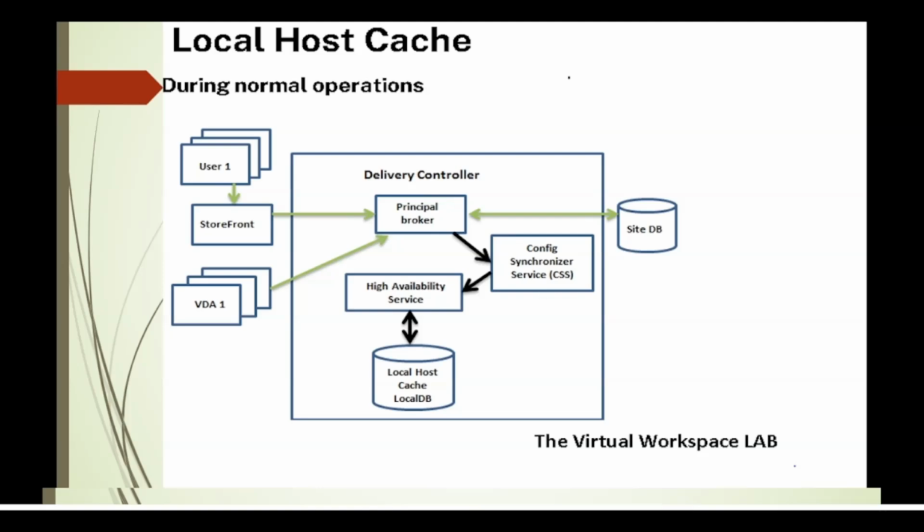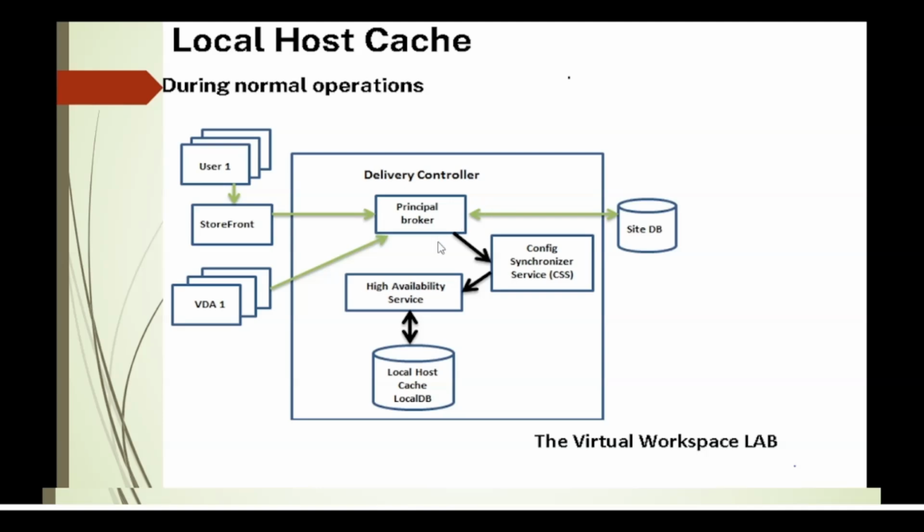If we create a new delivery group or machine catalog, that information is sent to the site database. At that time, this config synchronization service continuously checks with the broker service if there are any configuration changes.